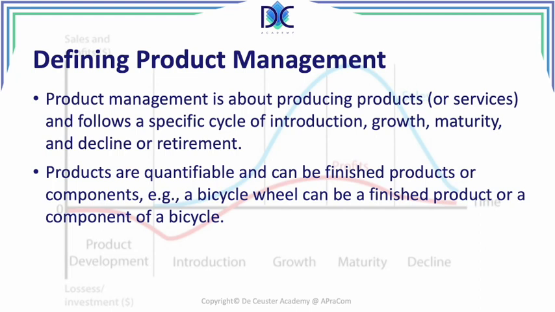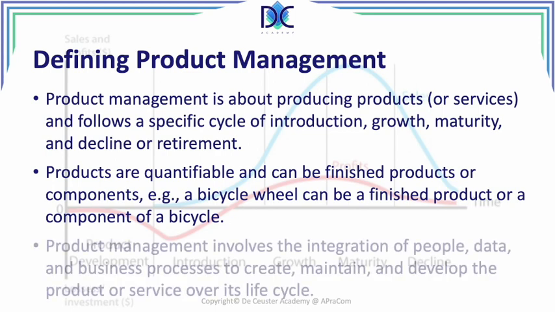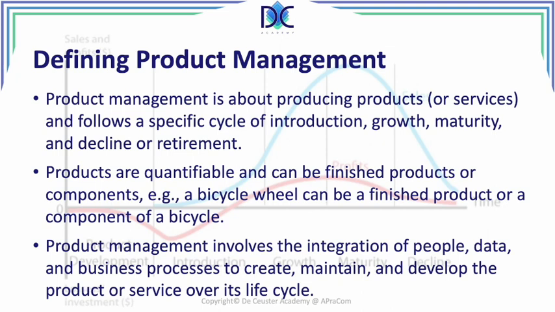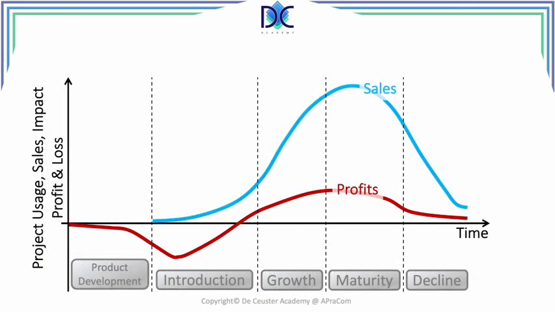For example, a bicycle wheel can be a finished product or be a component of a bicycle. Product management involves the integration of people, data, business processes to create, maintain, and develop the product or service over its life cycle.